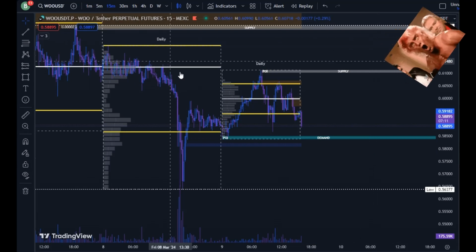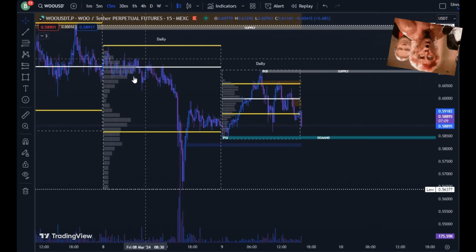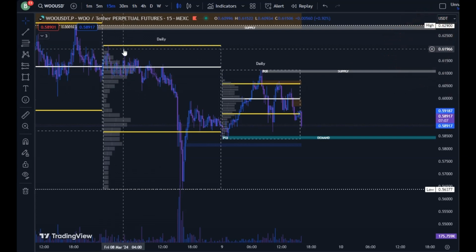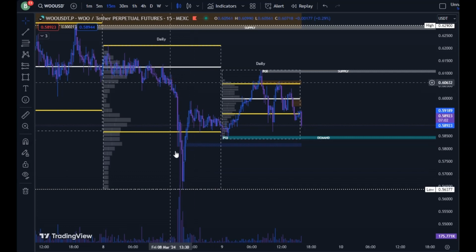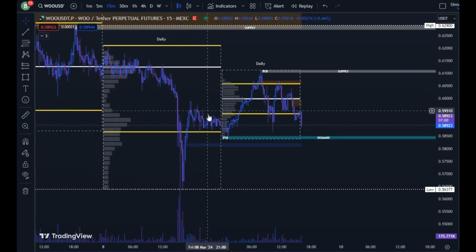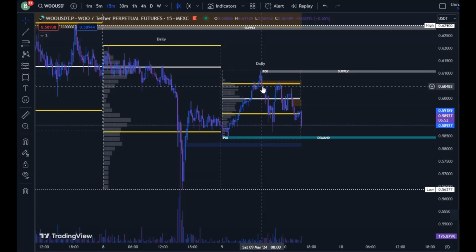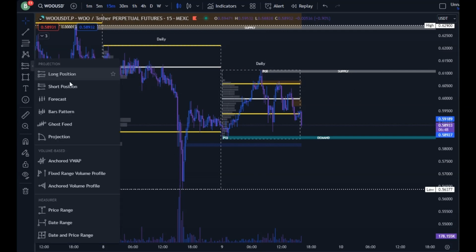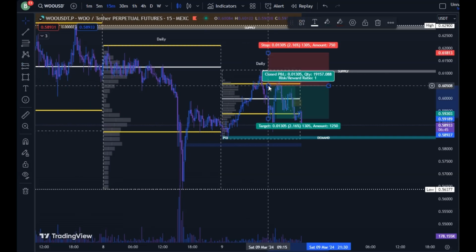So we've got WOO coin here. Point of control, volume. It traded down when it was volatile yesterday. It's come back up to it today at 8 o'clock in the morning. Big rejection. Take your short. Short there.